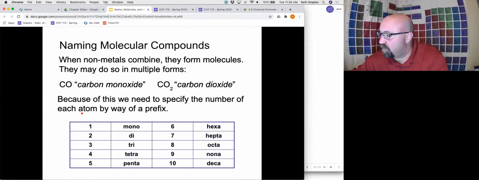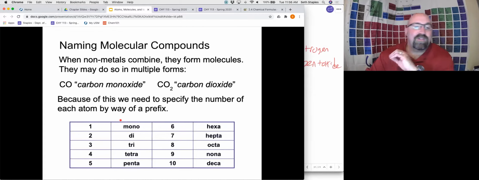So we're going to leave off the mono for nitrogen because it's the first element listed, but we're going to have nitrogen monoxide, nitrogen dioxide, dinitrogen dioxide, dinitrogen tetroxide, and finally dinitrogen pentoxide.